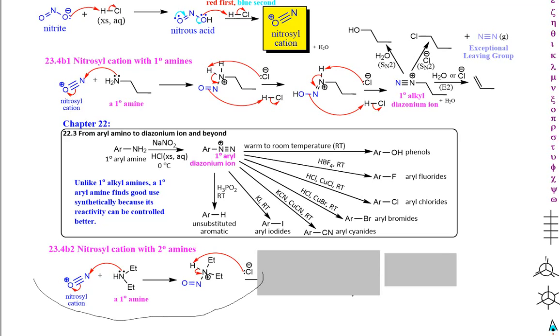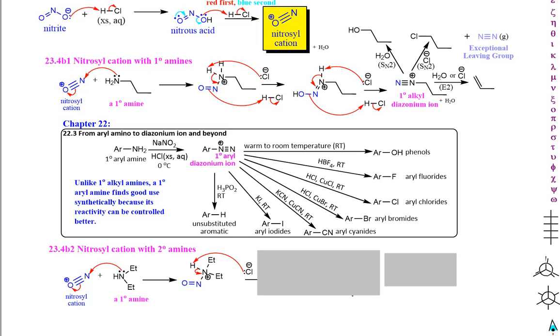Mechanism starts identical to the mechanism on top, generating this ammonium ion with a nitroso on it. This ion is not capable of tautomerizing to a useful intermediate.